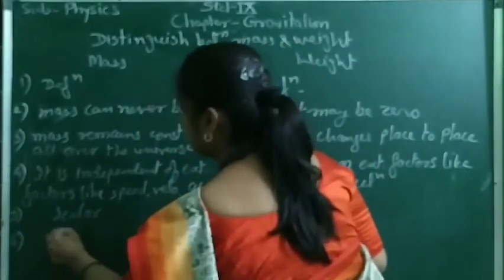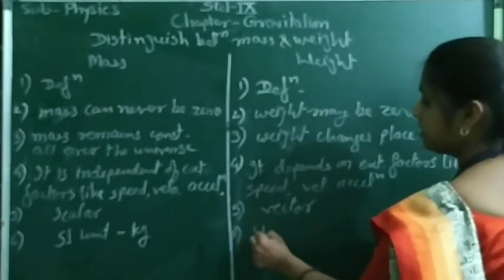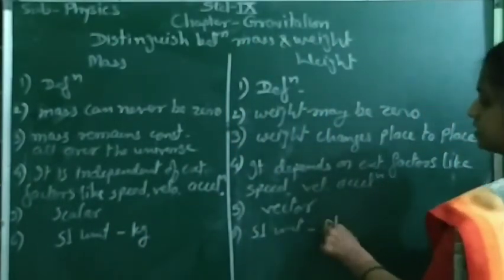And sixth point, the SI unit of mass is kg and the SI unit of weight is Newton.